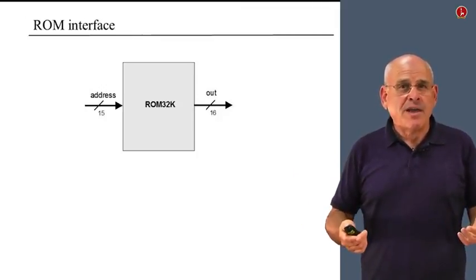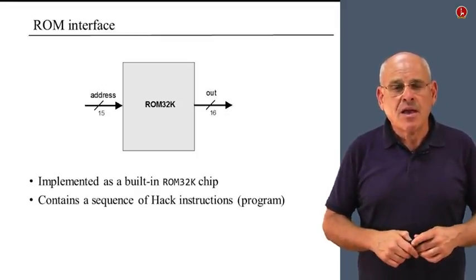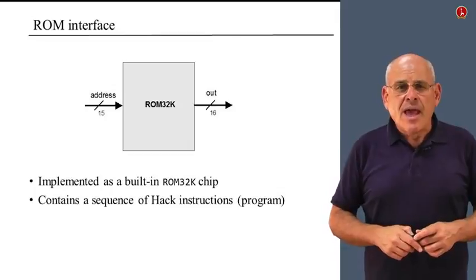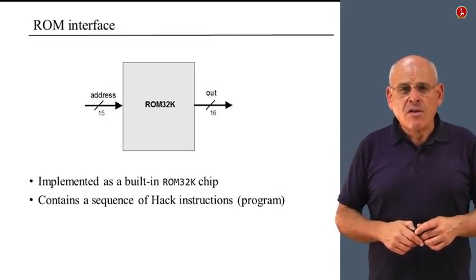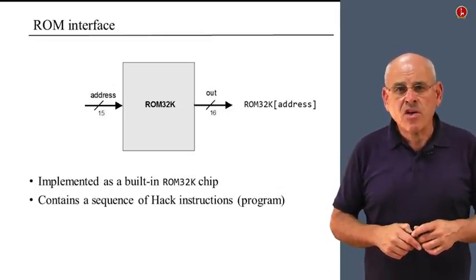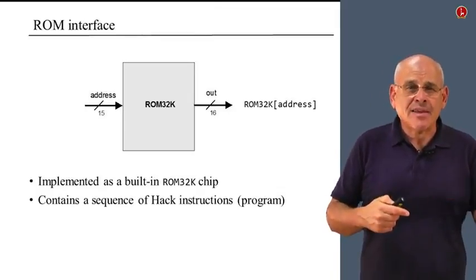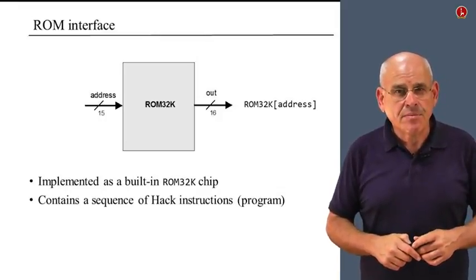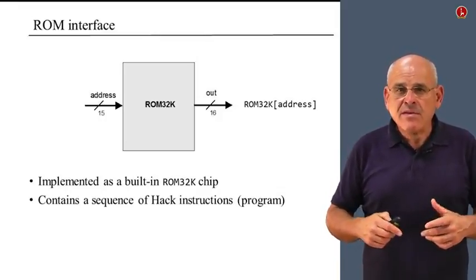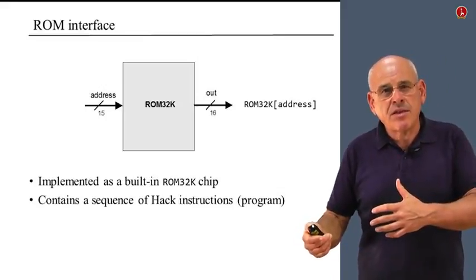It's a ROM device, read-only, so we don't have any machinery that enables writing into it. And if you recall, the output of the ROM is always the contents of the register that is selected by the address input.